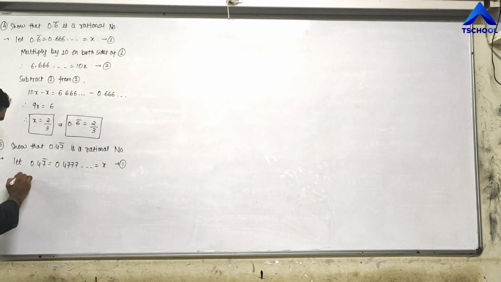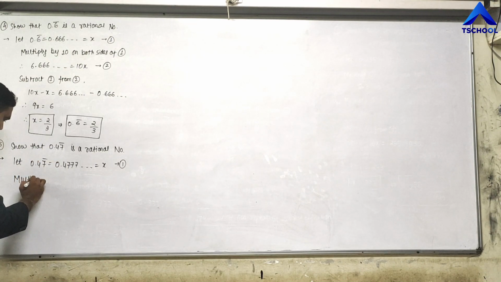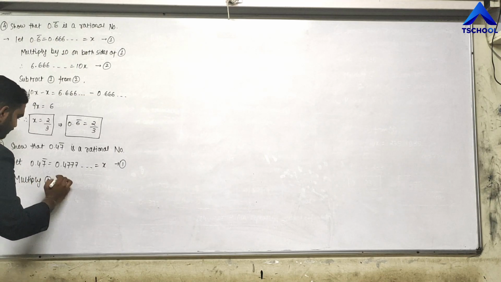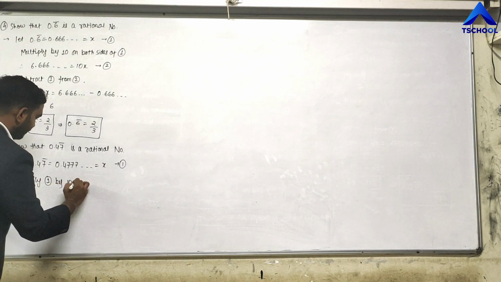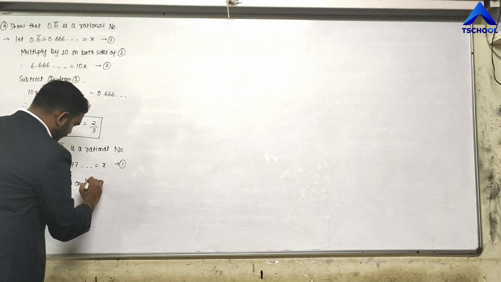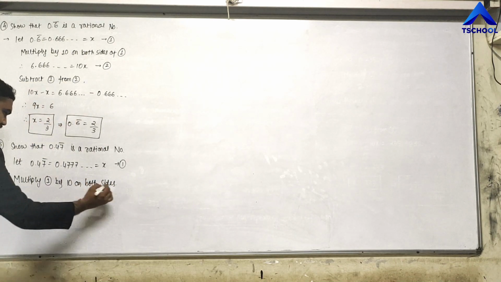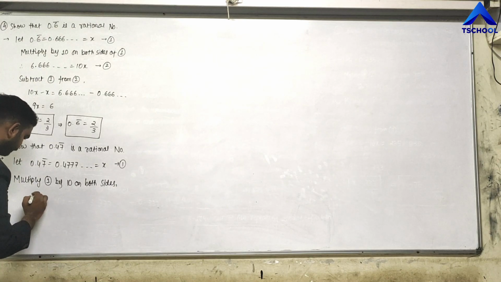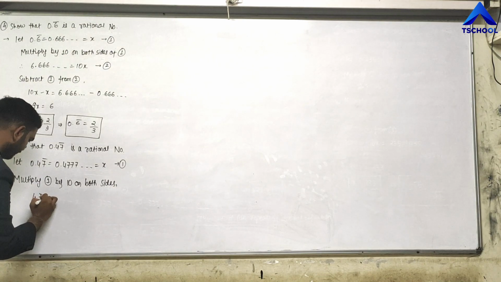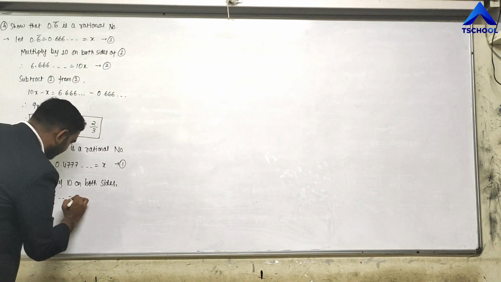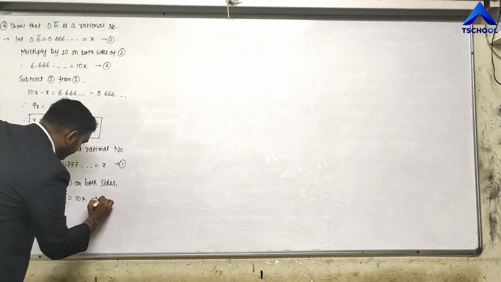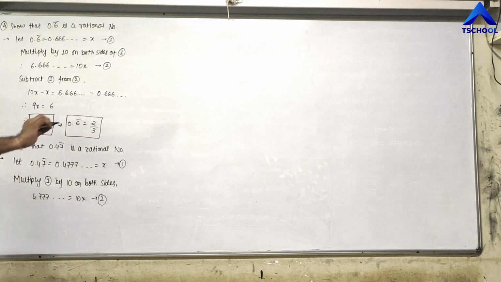So multiply equation 1 by 10 on both sides. So we get 4.777... equals 10x, number 2.